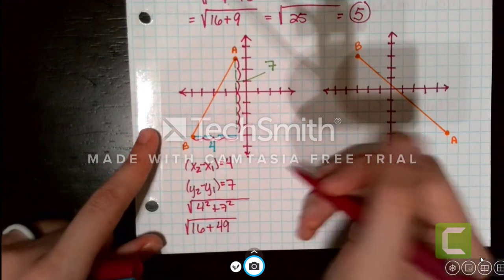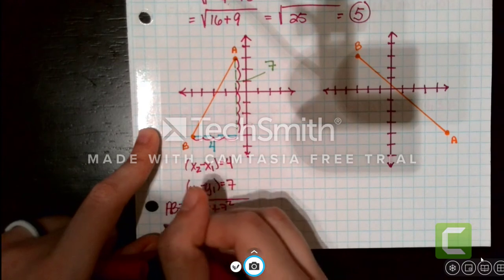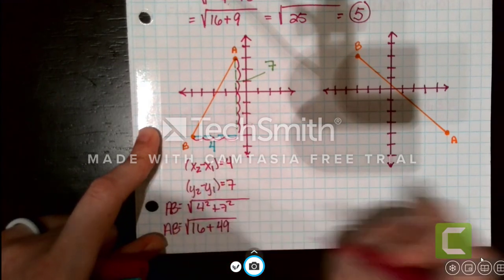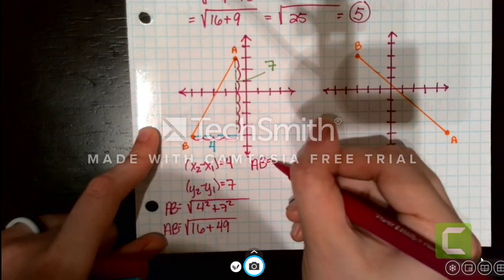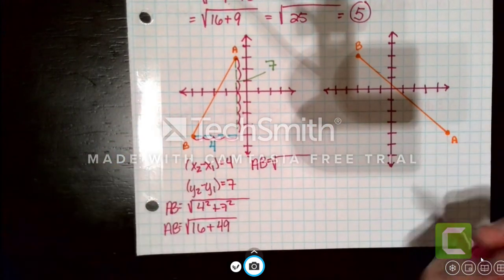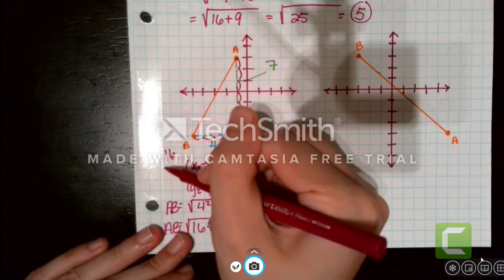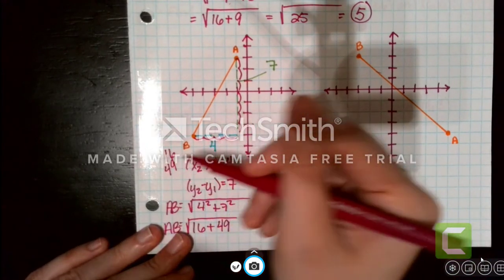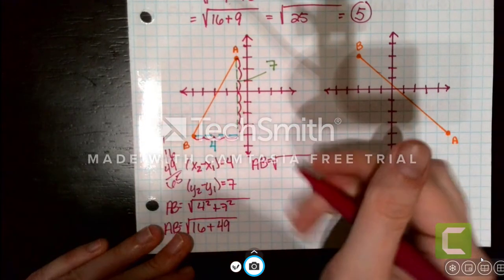Now, to find our final value for AB, we have to add these two together. AB is equal to the square root of 16 plus 49, 65.